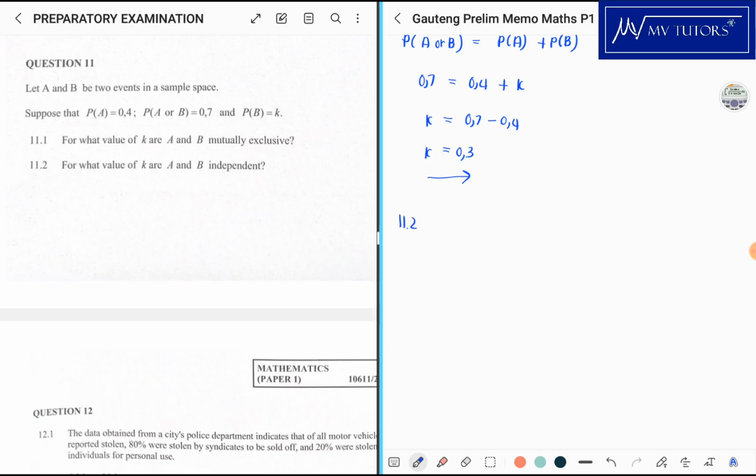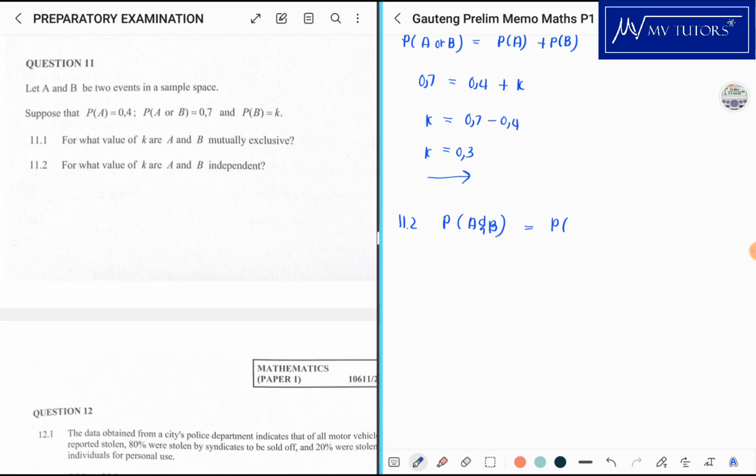Now 11.2: for what value of K are A and B independent? Independence is the probability of A and B equal to the probability of A multiplied by the probability of B. Here we can't have mutually exclusive events; they have to be non-mutually exclusive.